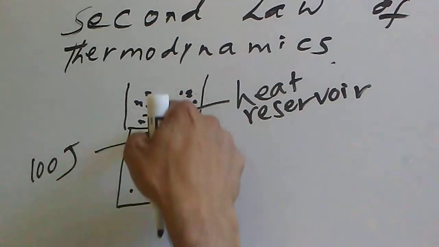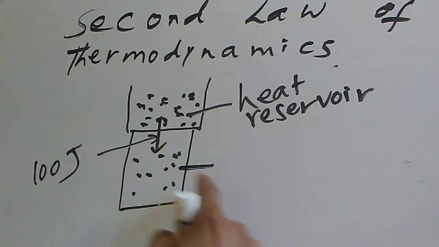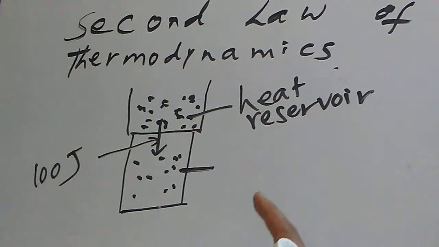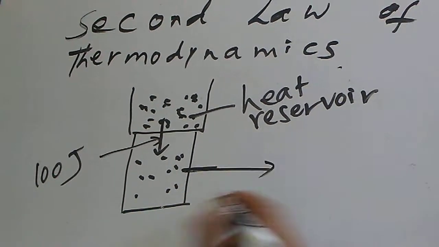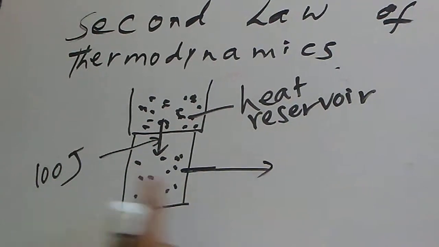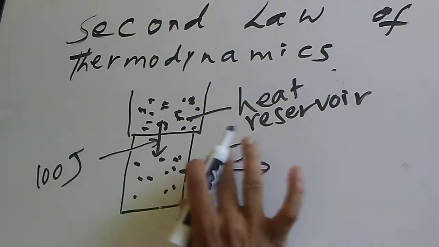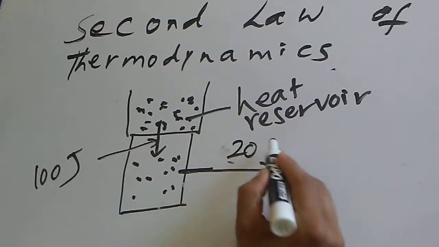Once it gets the heat, this gas expands, and this wheel and axle start to rotate and drive the car. Let's say out of this 100 joules of heat energy, this engine uses about 20 joules to drive the car.